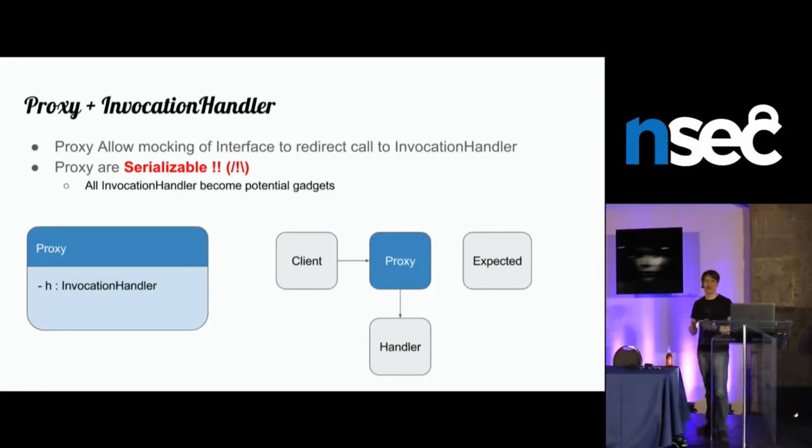Proxies are serializable, so in your gadget you put an instance of a proxy, and it will reference an invocation handler that will be your interesting entry point. So all invocation handlers in the classpath of the application can be triggered by an attacker. It was the case of Commons Collections. They were using an invocation handler from the JDK, but in the end it was calling Commons Collections classes.